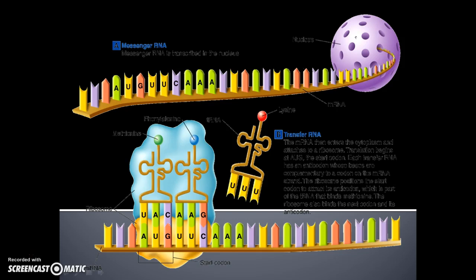Alright, so in the nucleus, we went through transcription. I know these words are hard to read. So here's our nucleus. And in our nucleus, we went through transcription. So transcription happens in the nucleus.